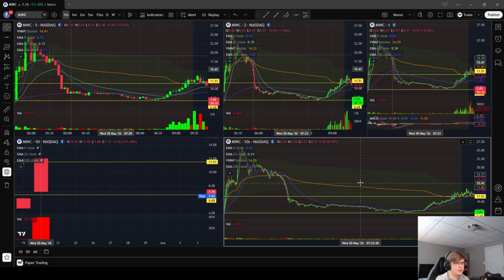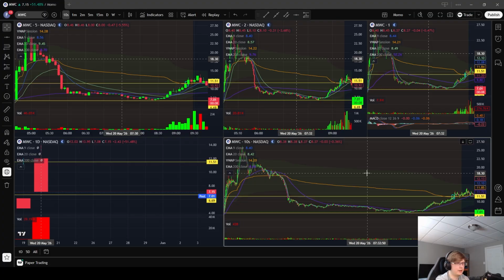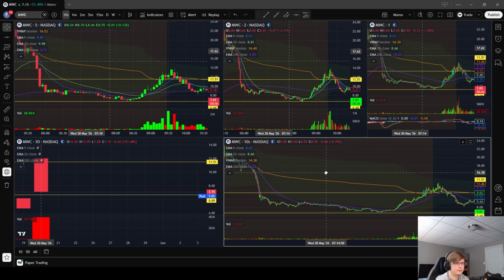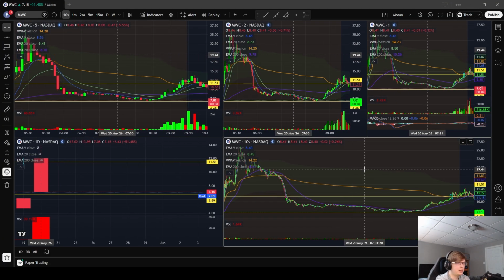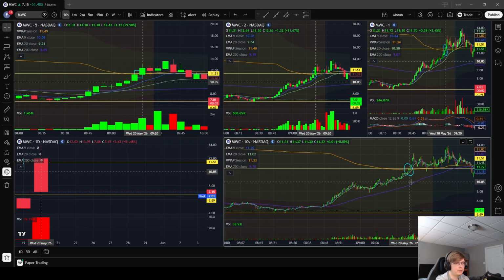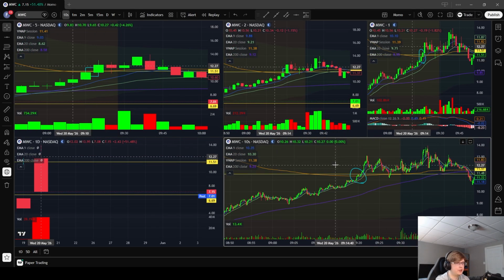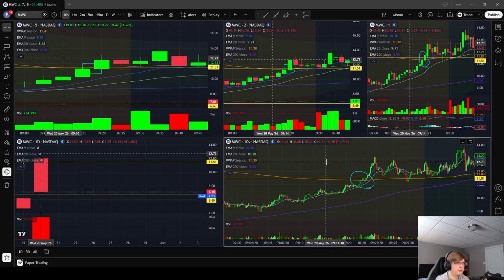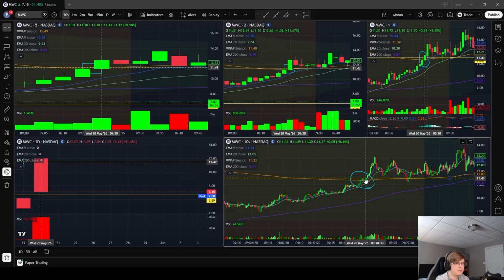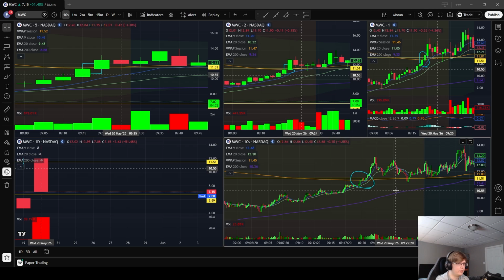All right. What's your max reasonable profit target on this? Reasonably, maybe VWAP, because VWAP has just shown to be a significant level of resistance. If it pops up to 11.50 and fails to break through VWAP, VWAP is now a significant level of resistance.